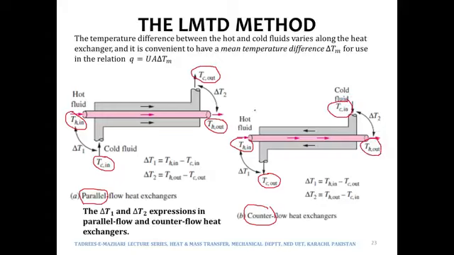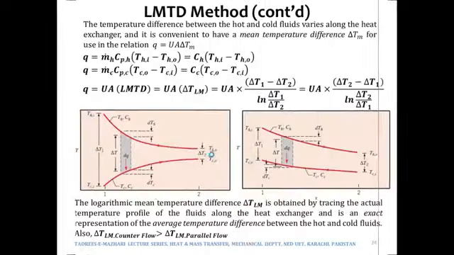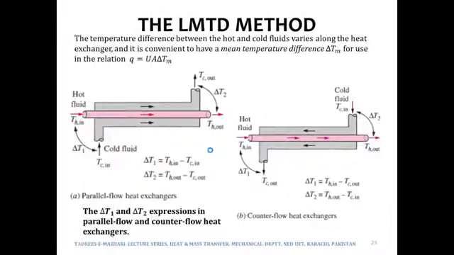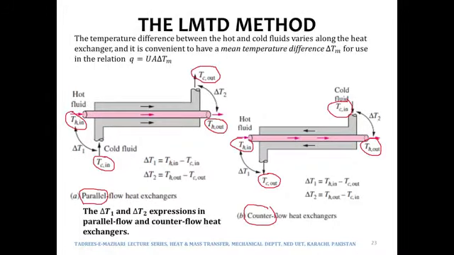So the temperature differences are not the same throughout the length of the heat exchanger. So we need a mean temperature difference, and that mean temperature difference that we use is in fact the log mean temperature difference. The delta T1 and delta T2 expressions in parallel flow and counter flow heat exchangers are being shown over here.